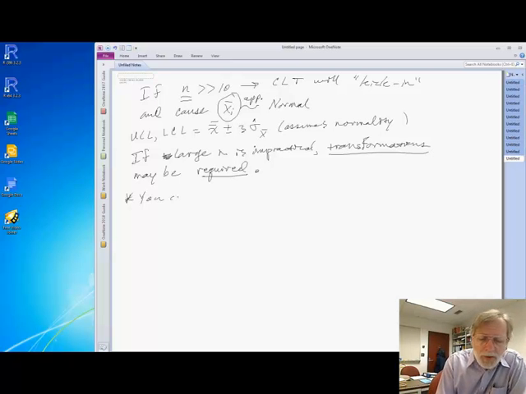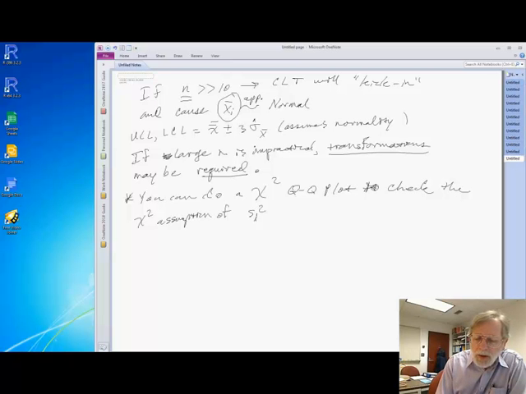By the way, you can do a chi-squared QQ plot to check the chi-squared assumption of S1 squared, S2 squared for the S chart.